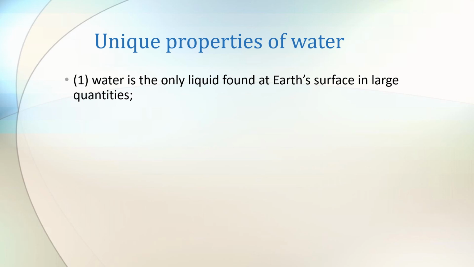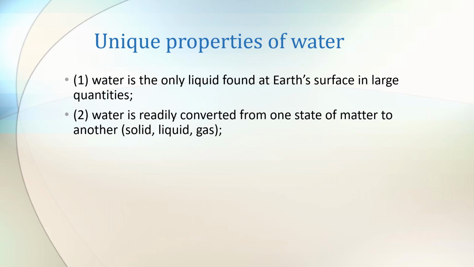We all are aware that our Earth is composed of a larger volume of water compared to the land mass. Also, water is readily converted from one state of matter to another. It can convert from solid to liquid, liquid to gas, or solid to gas.